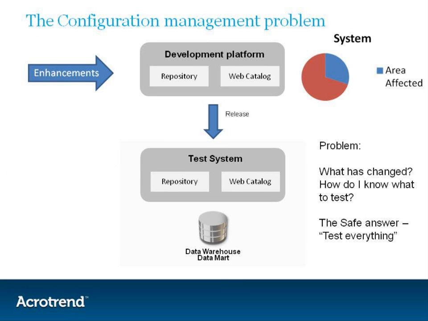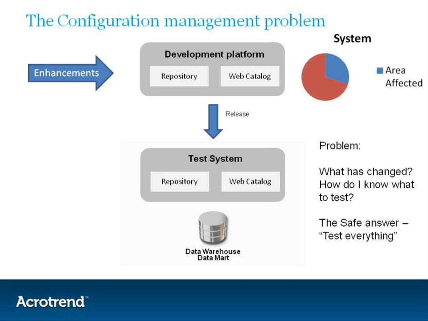So as we move enhancements across from the development system into the test system, we can use the Oracle BI Administrator tool to find out the changes between the two different repositories, but it's very hard then to come up with, okay, what elements of the WebCat are affected by that, and therefore to know which reports need to be tested in order to exercise those specific parts of the repository that have changed.